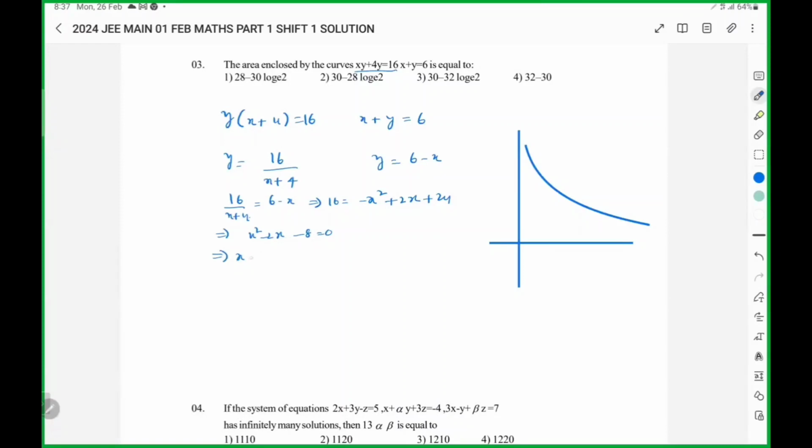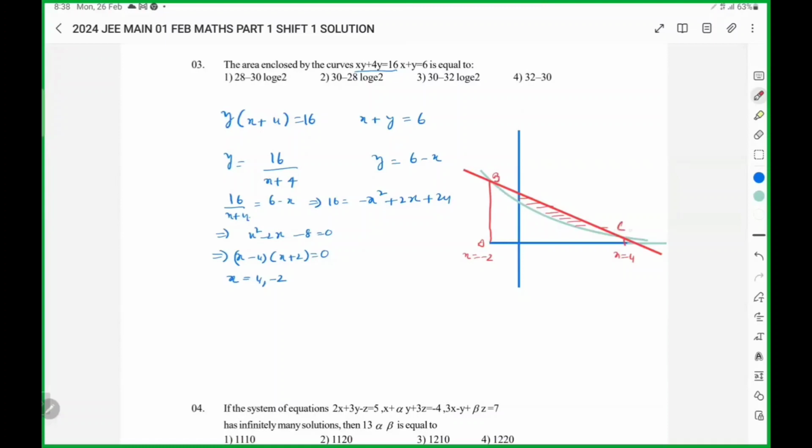Here x squared minus 2x minus 8 equals 0, so (x minus 4) into (x plus 2). The graph will be like this, so they intersect at x equal to minus 2 and x equal to 4. So this area we have to find out.